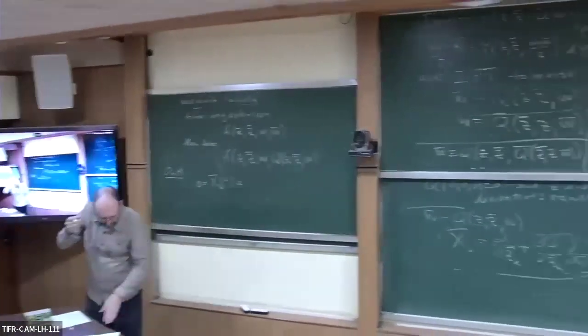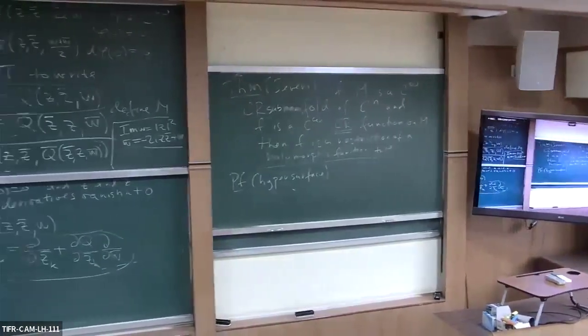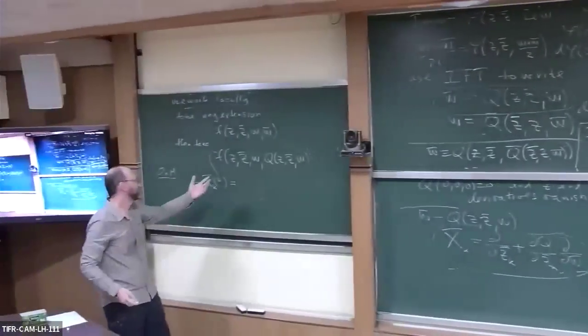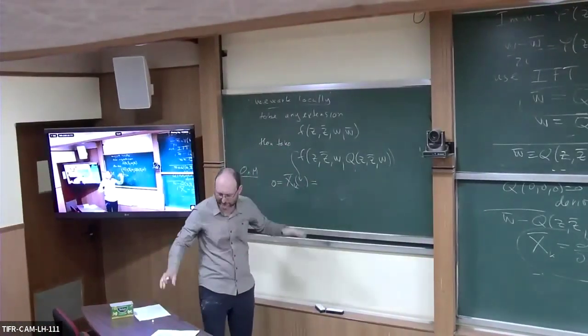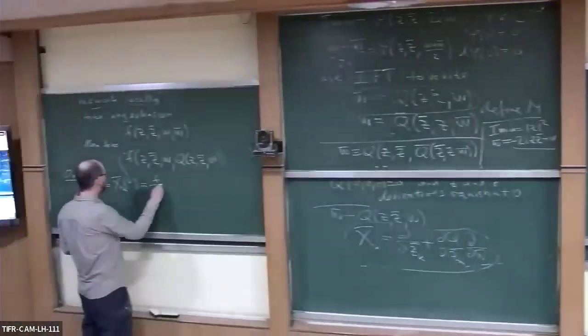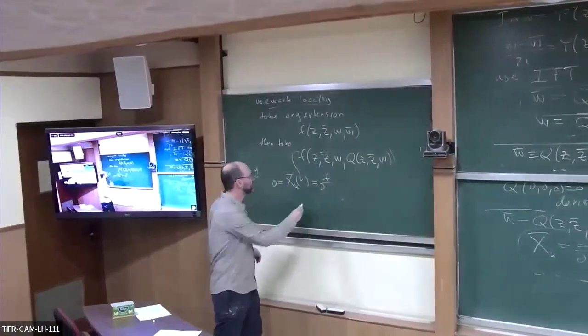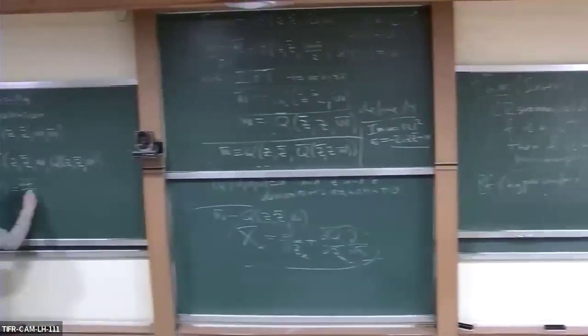Well, what do I get? I get the same thing as if I had F, because it's tangential and this is defining the manifold. So I get F df d.